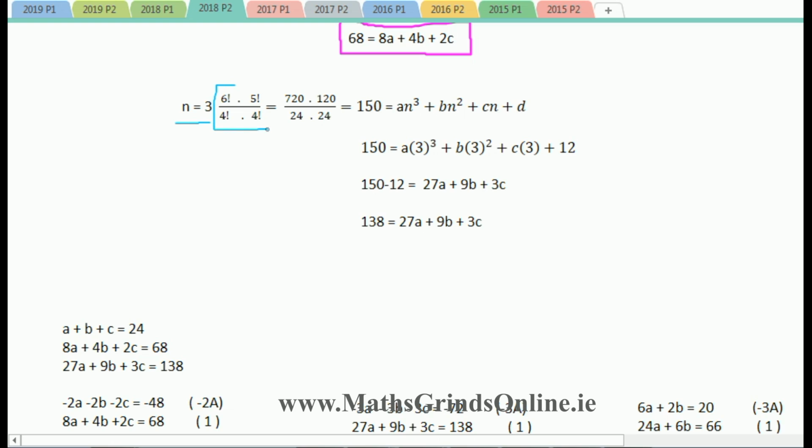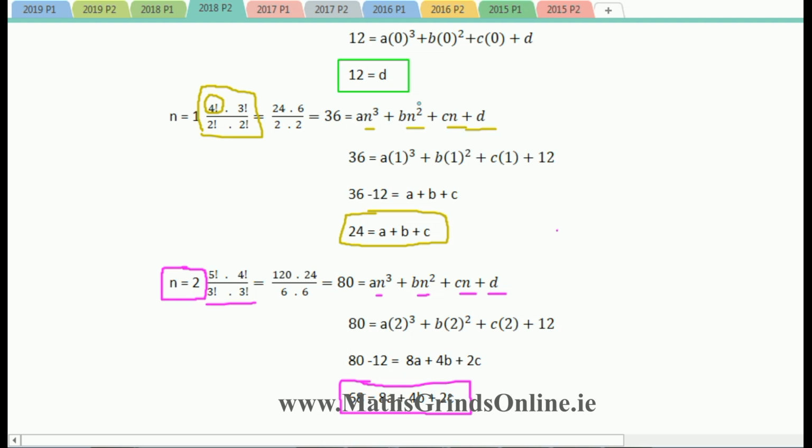And you can see that there in that box there. You can see the sum's breaking it down there, and I've already done out is equal to 150. Okay, subbing in, as you can see there, my n equals 3, and I already know that d is 12. And the sums are all done out there for us, so that breaks down to be our third equation. 138 is equal to 27a plus 9b plus 3c.